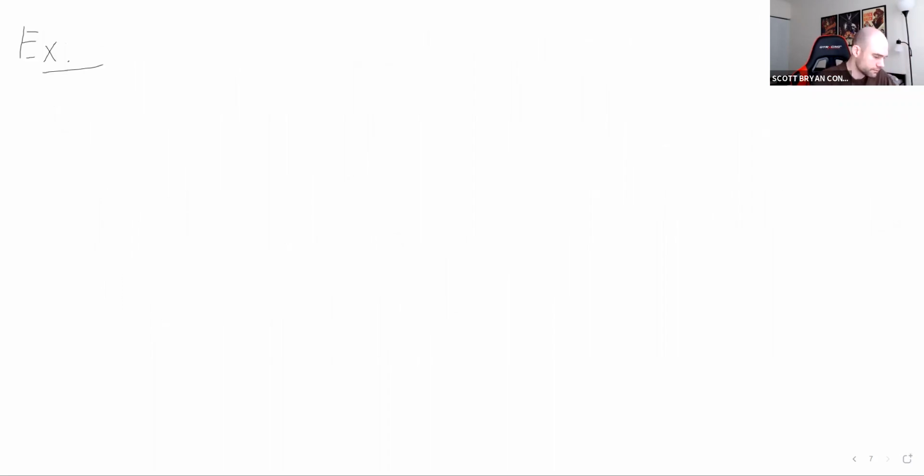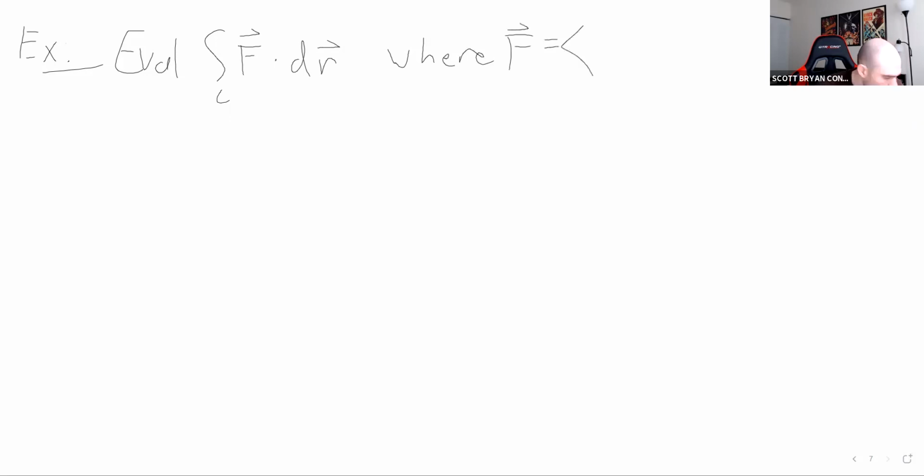So let's really quickly do an integral. Let's evaluate the integral over the curve C of the vector field F, where F is (2xy + z, x squared, x).